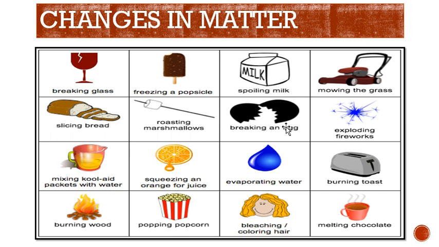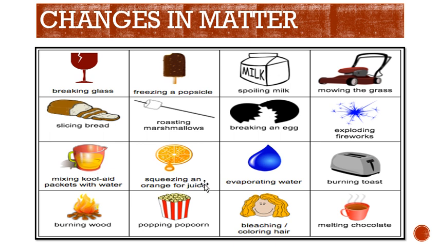We have an egg. If we break the egg, it is still the same, a physical change. Exploding fireworks is a chemical change because from powder it produces light and produces heat. Then we have mixing Kool-Aid packets with water. It is still a physical change because the taste is the same, it just becomes a liquid.